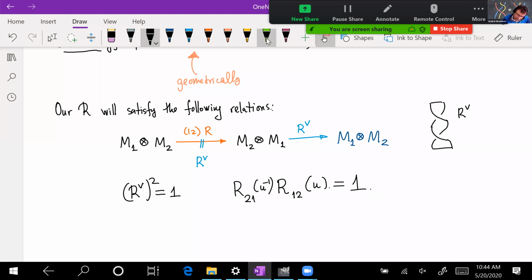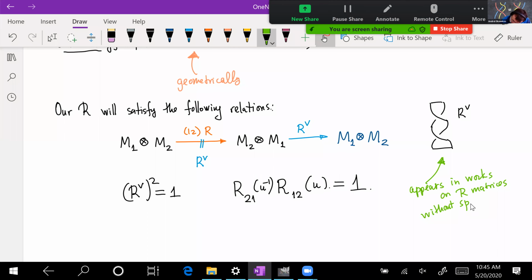And this sort of picture usually appears in works on R matrices without spectral parameter.